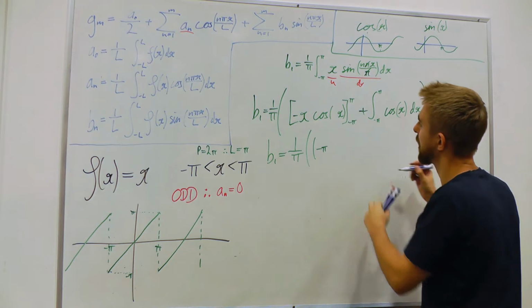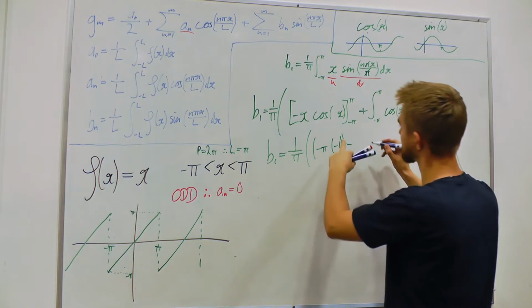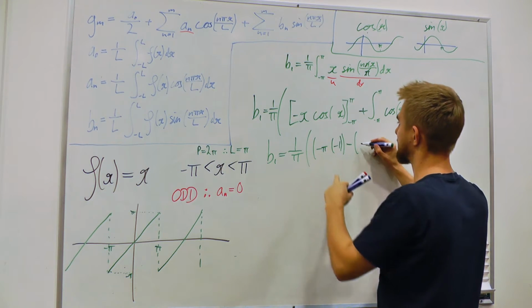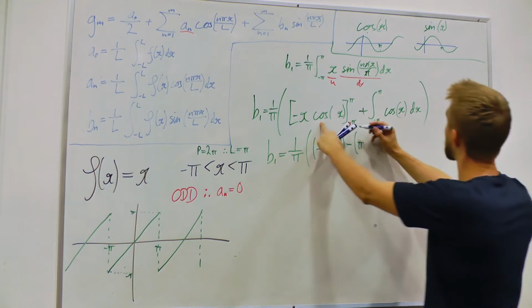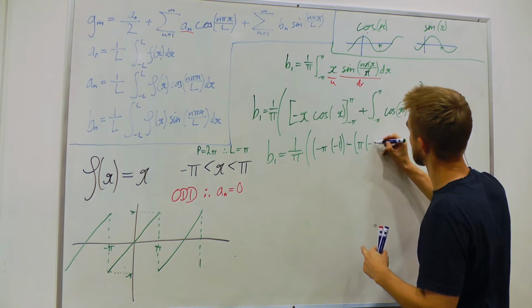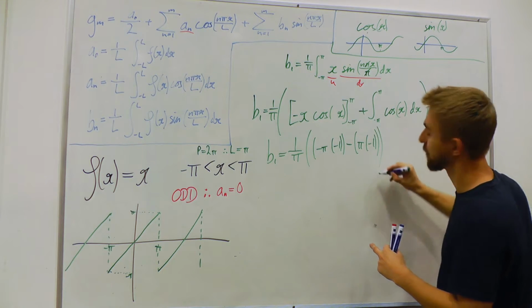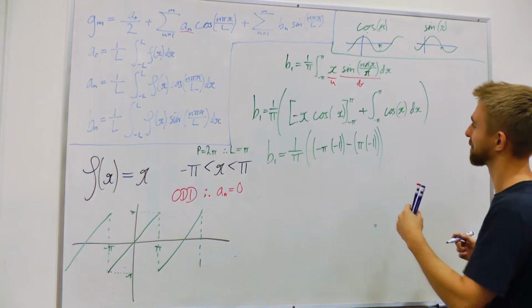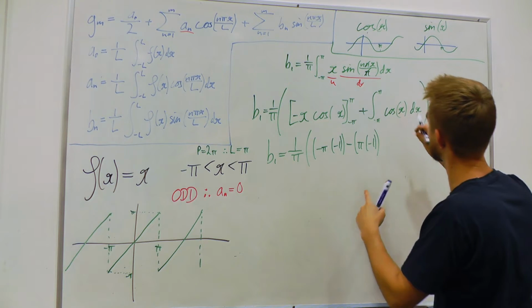So cos of pi is just minus 1. Minus x, where x is minus pi, so that's just plus pi. And cos of minus pi is also minus 1. Lots of brackets, lots of minus signs, lots of opportunity to lose marks in an exam by forgetting them. I will do my best.